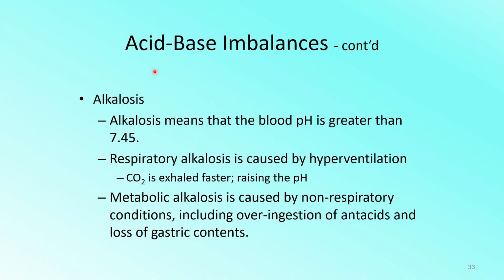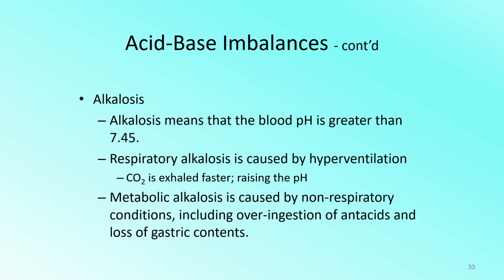Then we have alkalosis, which means we're above 7.45. We can get this through hyperventilation, like for instance, panic attacks. All right, we don't have enough CO2, so we have a rise in pH. Or fixed acids: persistent vomiting, because we are pumping protons into stomach acid directly.